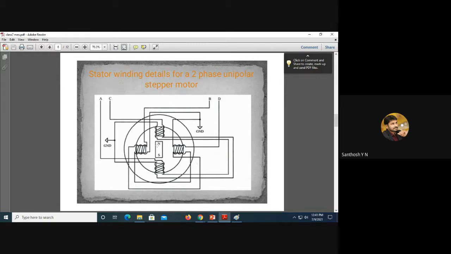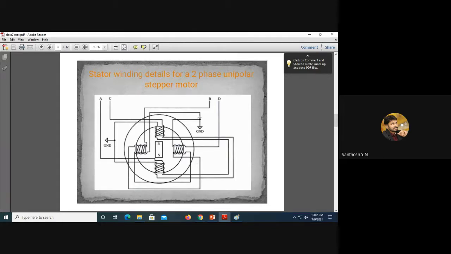If you want the motor to rotate towards the right side, then you have to energize the coils to make the motor rotate in a clockwise direction. Or if you want the motor to rotate in an anti-clockwise direction, then you can energize the windings in a different manner.